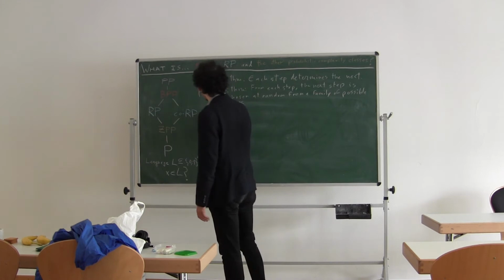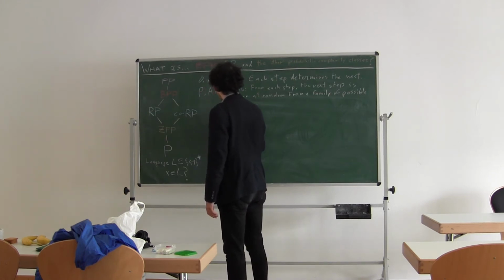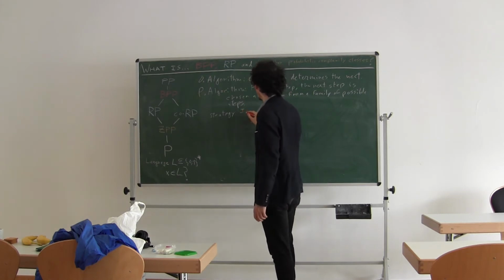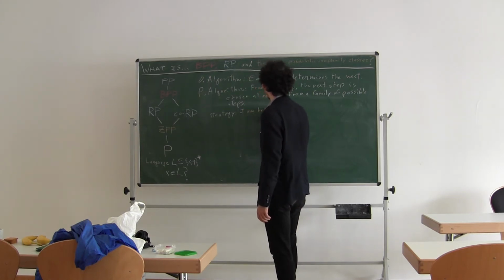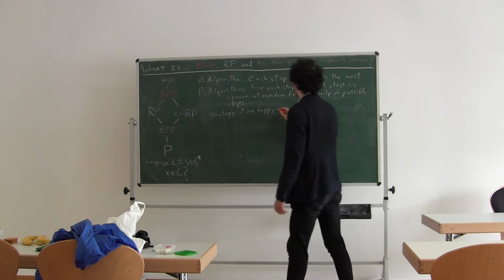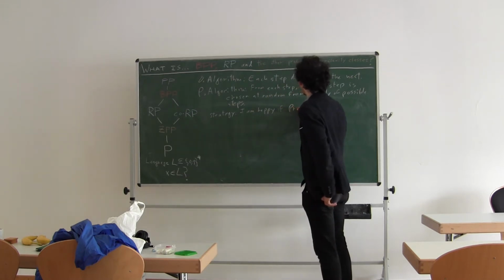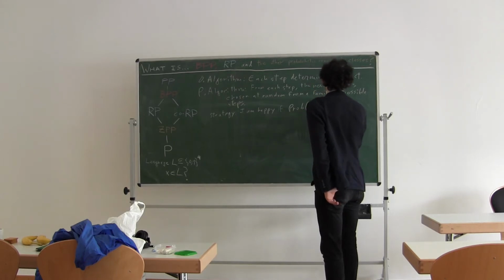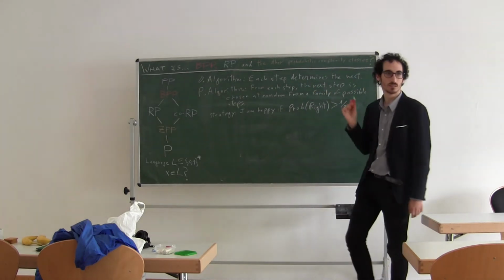So strategy 1, for example: we will say that I am happy if the probability of having the right answer is bigger than 1/2.